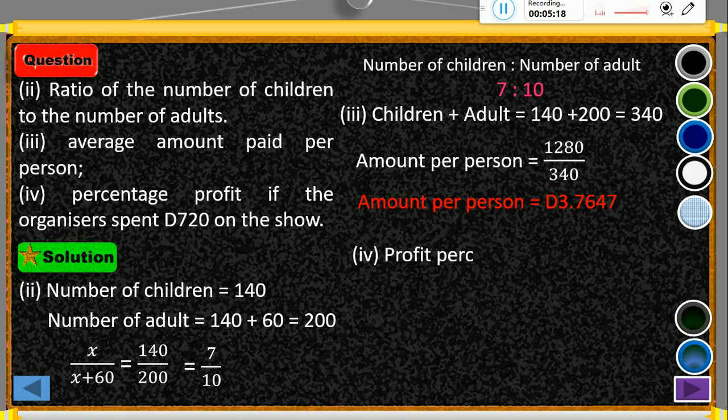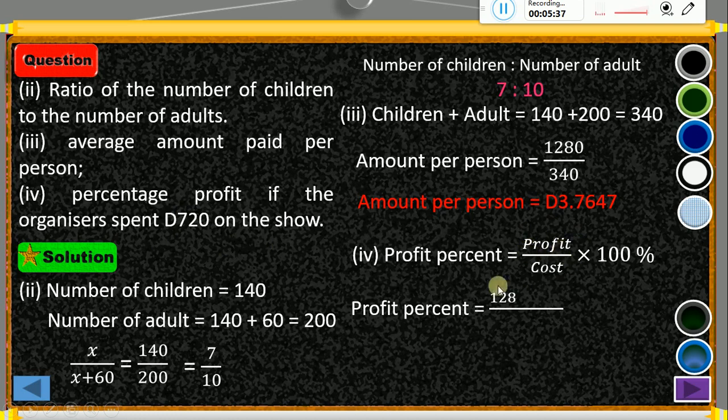Then number 4, percentage profit. Now, profit will give us the amount realized minus the expenses incurred, which will be 1,280 minus 720. So the percentage profit is 1,280 minus 720 divided by the cost, 720, times 100.